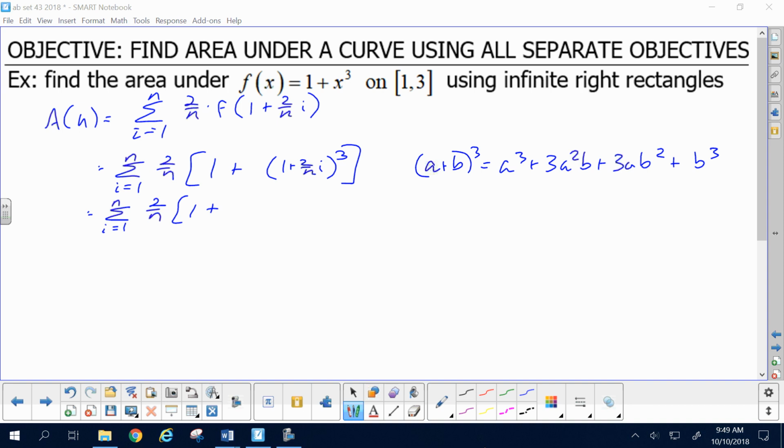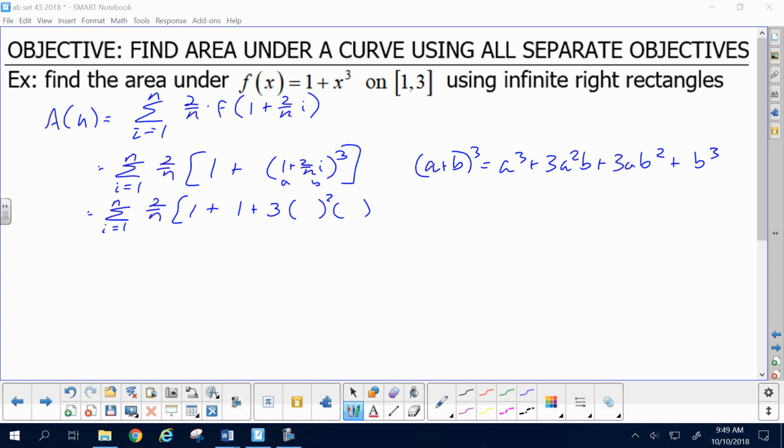All right? So, if I apply that here, then I think you'll agree that a would be the first term, and so in this case, a is 1, and b is the second term, 2 over n i. So when I say a cubed, that's the same as 1 cubed, or 1. The next one is 3a squared b.